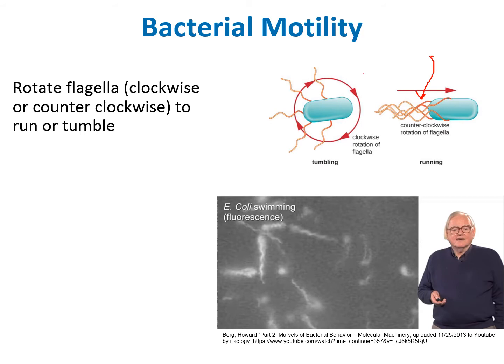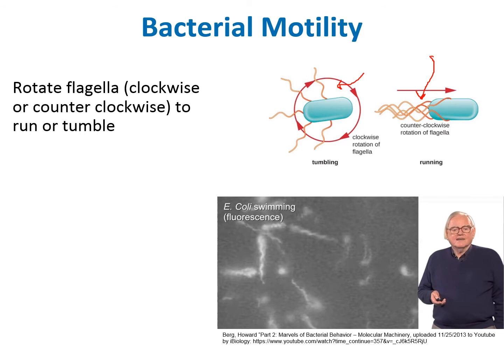This disrupts the bundle, and the cell stops moving forward as a result for a fraction of a second. The cell will reorient its direction in what is called a tumble, and then all of the flagella will synchronize again and turn counterclockwise, propelling the cell forward again.